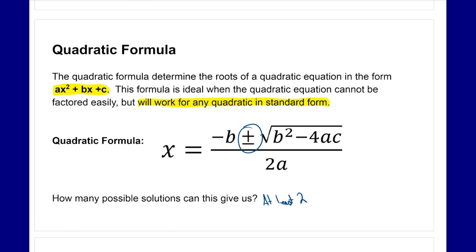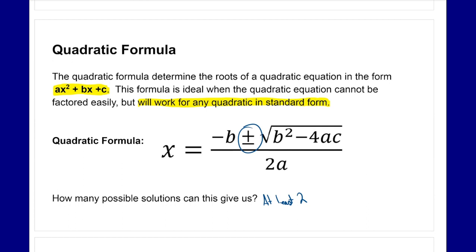Because it's a plus minus, that means we have 2 parts or 2 scenarios that we have to do. Negative b plus the square root of b squared minus 4ac, and negative b minus the square root of b squared minus 4ac.